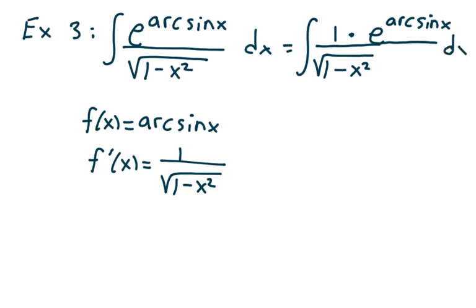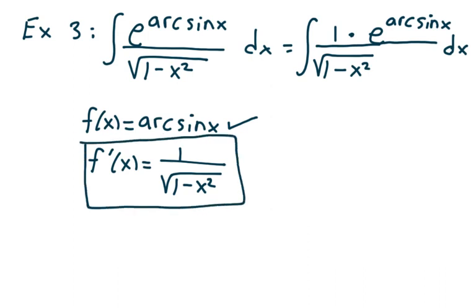And we're going to integrate with respect to x. Now, notice my function is f of x equals arc sine x. The derivative is 1 divided by the square root of 1 minus x squared. Notice how that's here. And so it fits nicely. So the integral will be e to the f of x, which is e to the arc sine x, right, plus c.